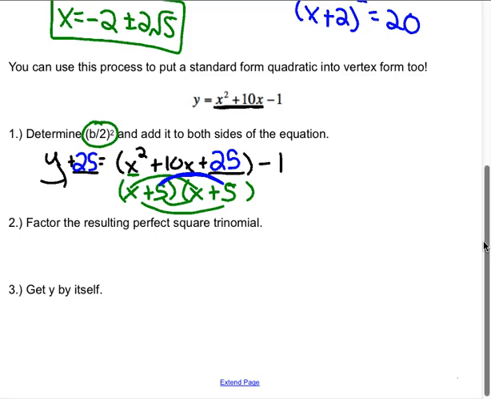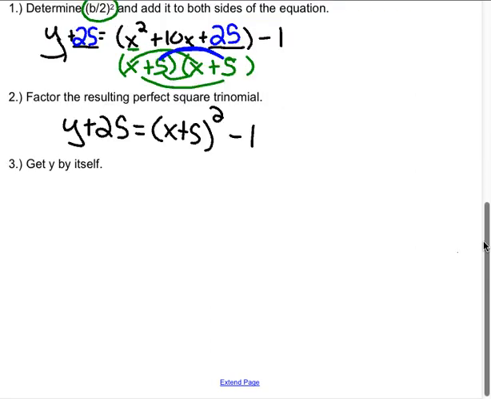All right, so what does that look like? Well, it looks like this. So now I have x plus 5 squared. And then notice I still have that minus 1 at the end. I haven't done anything with that value yet. Okay, and that's fine. Because now, to write it as an actual equation, we need to get the y by itself.